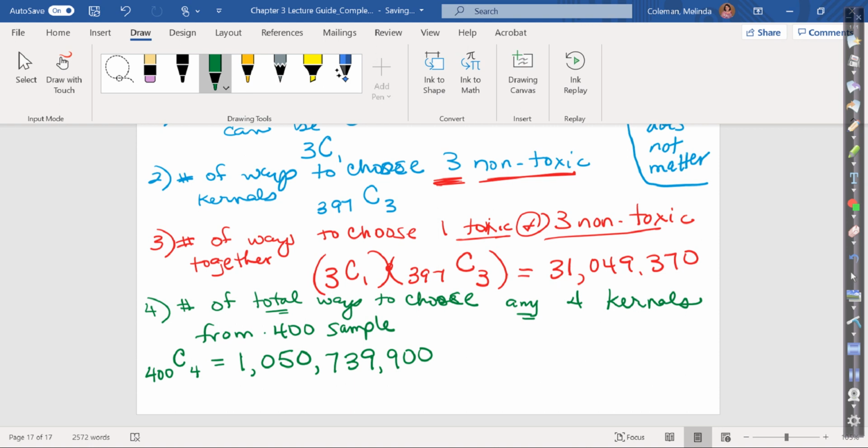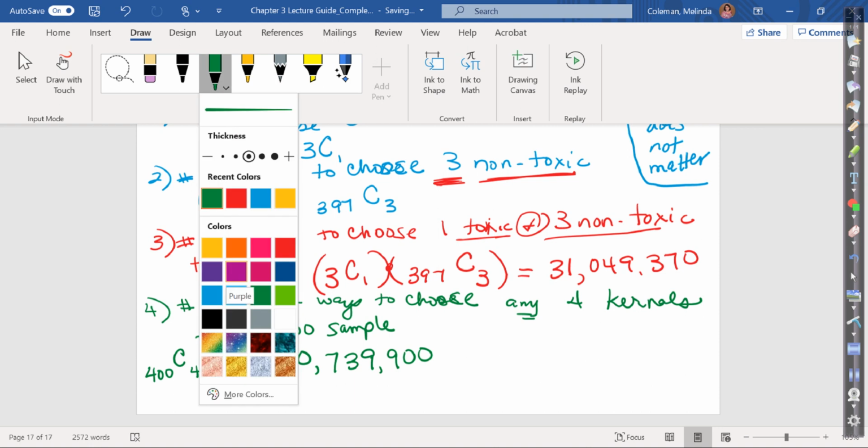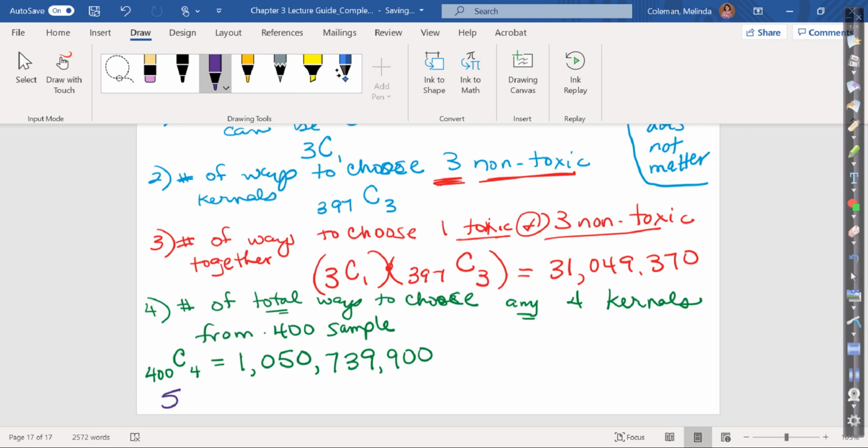So the last step, almost done. Step 5 is finding the probability that you have 1 toxic and 3 non-toxic, because 1 toxic implies 3 non-toxic.